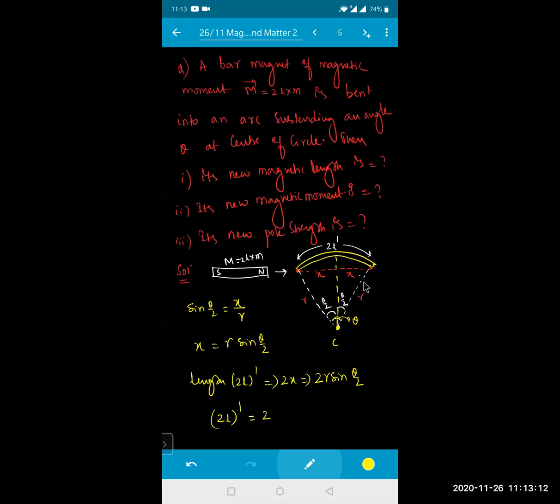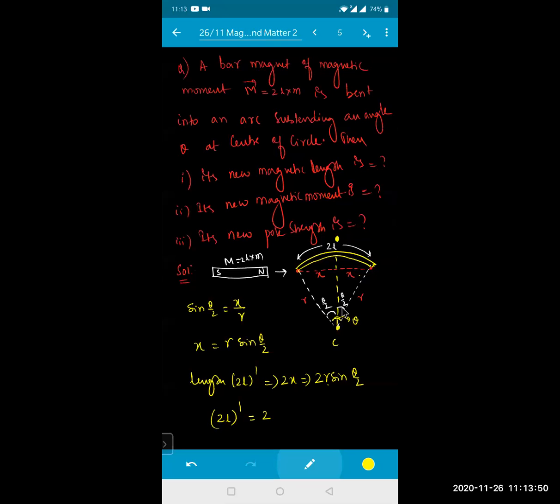ఇక్కడ నుంచి ఇక్కడ వరకు ఇది r కదా. So this r, in terms of the angle, if I am writing, the arc length will be equal to how much for me? Arc length is nothing but 2l కదా, the length of this bar magnet. So this is nothing but your arc length, that is 2l. The value of r in terms of theta, ఎంత అవుతుంది?